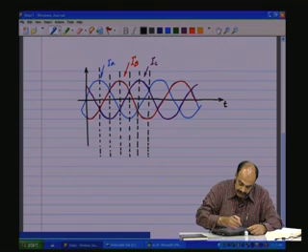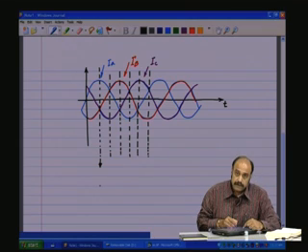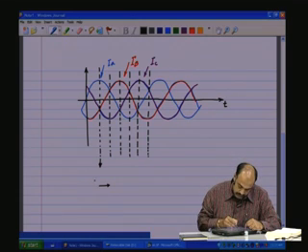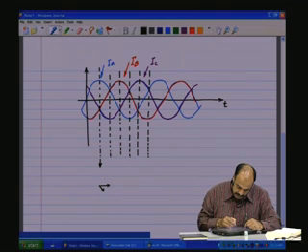Now if we take at that point of time, at this point of time, so we have A phase current is maximum positive direction, so I will put it as A phase is maximum positive direction, B phase is half negative, so this was B phase, so B phase negative and half, C phase is also negative and half, C phase negative is this direction and half.